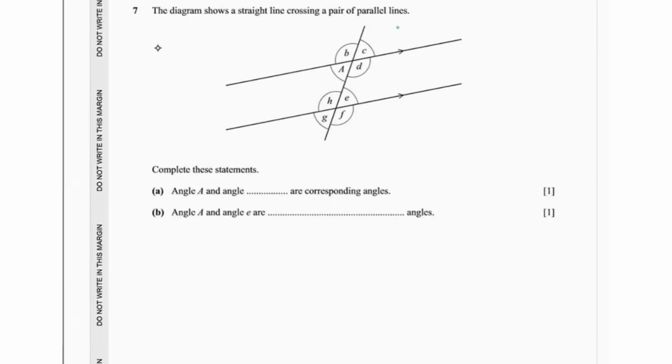So corresponding angles over here are C and E, then D and F. And for A, the corresponding angle is G, whereas for H, the corresponding angle is B. So in our case, since they're asking for the corresponding angle for A, that is going to be G. Then angle A and angle E are blank angles. So angle A and angle E are alternate angles. And remember, alternate angles are equal.